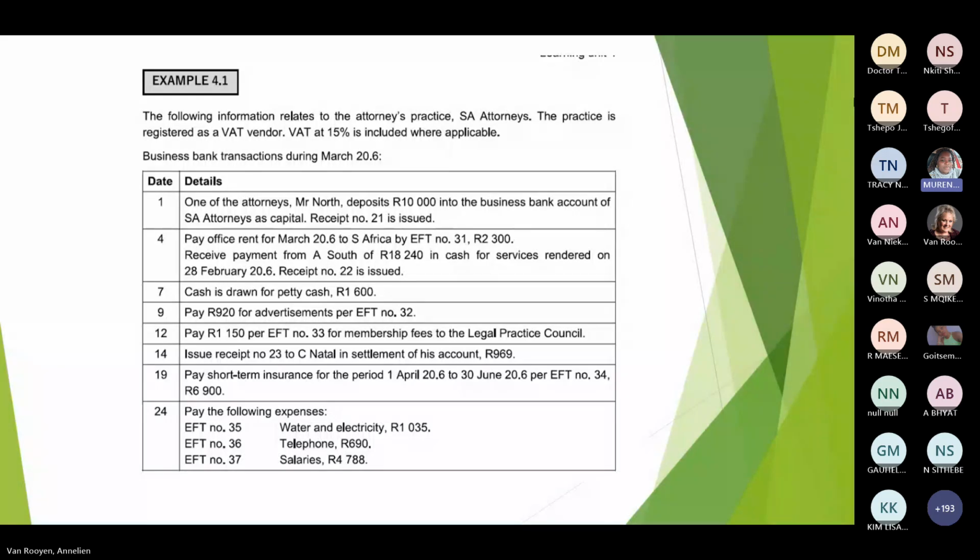Okay. I think the cost price is going to be 800. And then the VAT is going to be 120. Exactly. How did you do that? Explain to the others. I took 920 and divided it by 1.15.